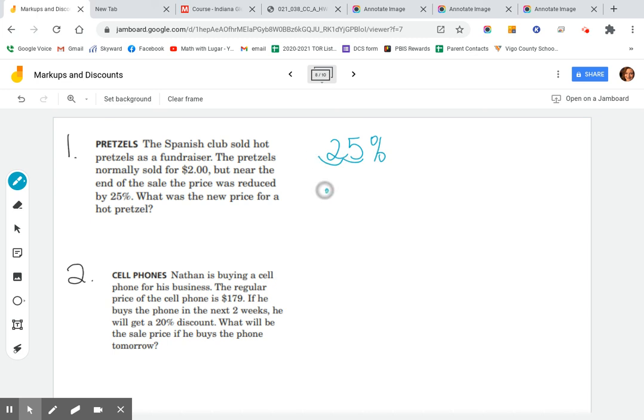So scoot, make that 0.25. I'm going to take that times the $2. And that gives me 50 cents. So it was originally $2, but I'm discounting it. I'm taking 50 cents off of that. So they ended up selling them for $1.50.